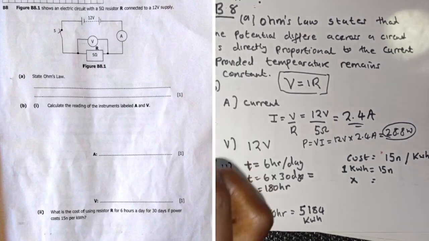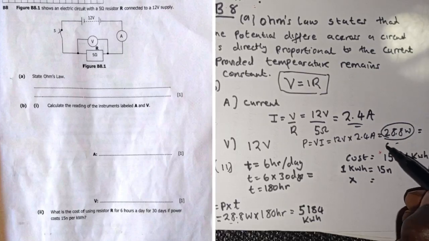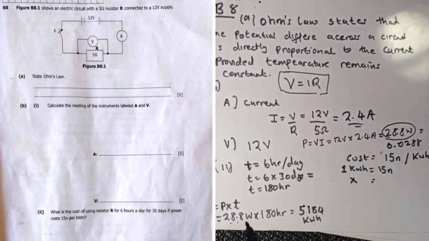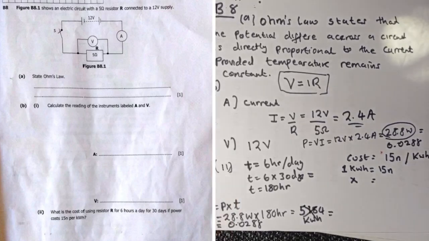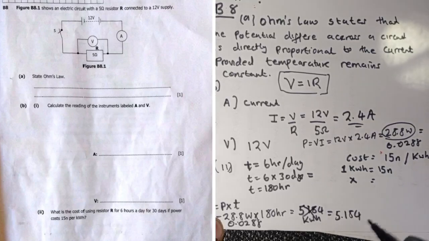Divide by 1000, and we get 0.0288. This one was in watts, so this was not the correct answer. So times 180, we actually get 5.184. This is now kilowatt hour.